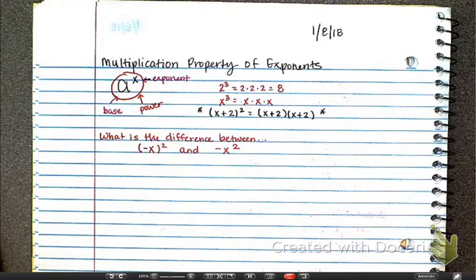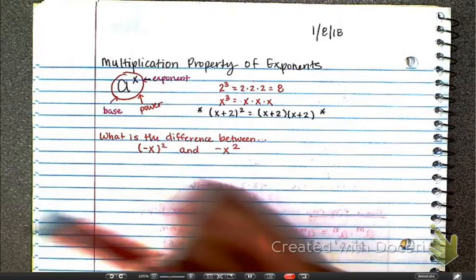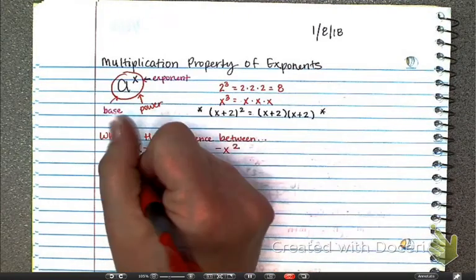So for parentheses negative x squared, there's going to be 2 parentheses negative x, and then for negative x squared, there's just going to be negative x times negative x. Say the first one again. There's going to be 2 parentheses of negative x.